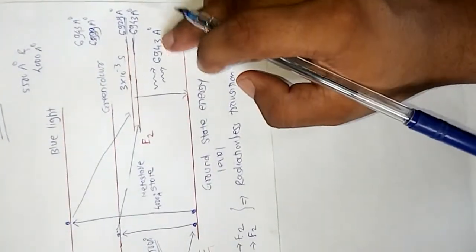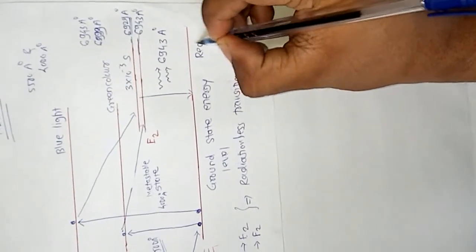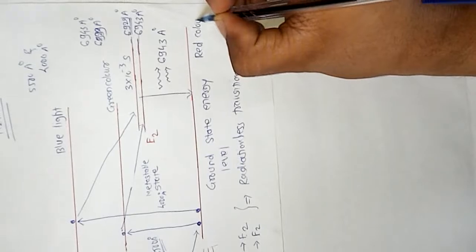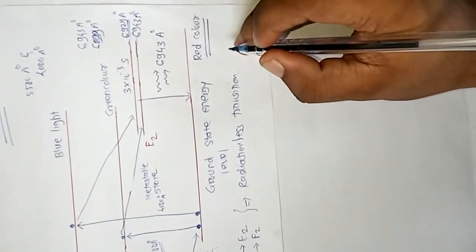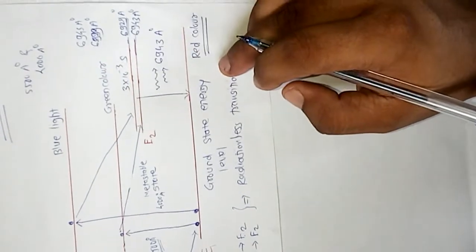This 6943 angstrom unit wavelength corresponds to red color, and due to this the laser is called a ruby laser.